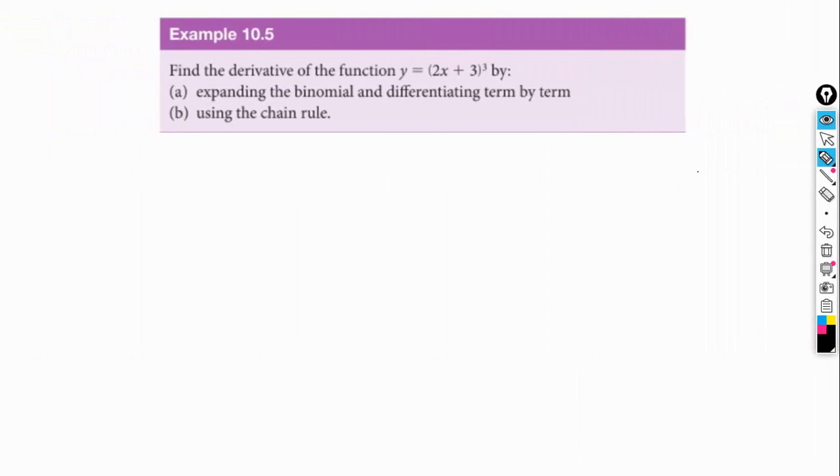So next is example 10.5, and it says find the derivative of the function y equals 2x plus 3 cubed by letter A, expanding the binomial, and differentiating term by term. Okay, so that means doing the binomial expansion of y equals 2x plus 3 cubed.